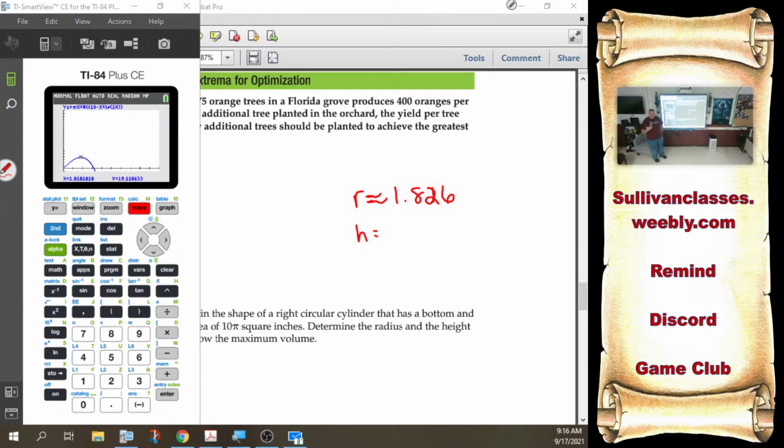Remember, we said that the height was 10 minus r squared over 2r, right? So now plug that into h, if I know what the radius is. And the volume was about 19 point-ish.